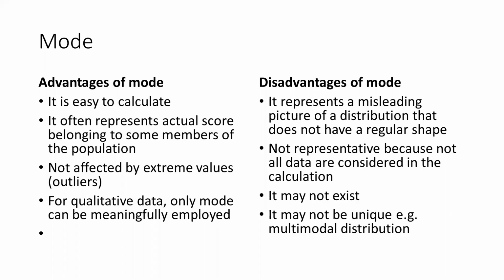But the advantage is that it is not affected by extreme values. You can neither skew it more to the left or to the right. It's relatively easy to calculate.